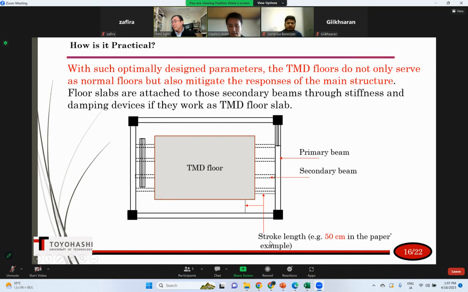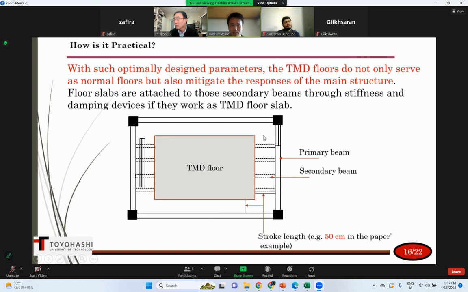They said that, for example, maybe under a certain earthquake, the stroke length is 50 centimeters. If we consider that a 50 centimeter stroke length is needed for the TMD floor, then we need this much area in which the TMD floor should be vibrating.